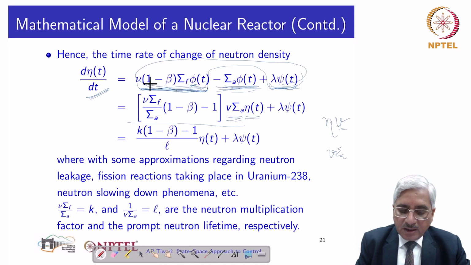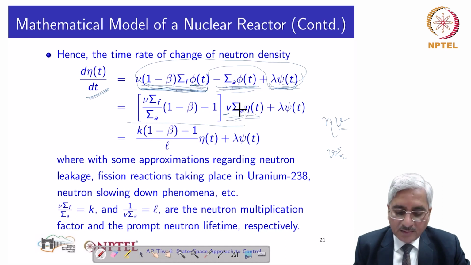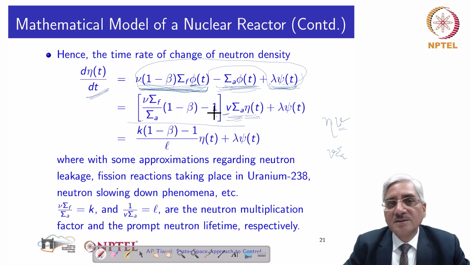So what has been done: this has been divided by sigma A, phi has been substituted by eta times v, and because we divided by sigma A, we are also multiplying by it, just a rearrangement.